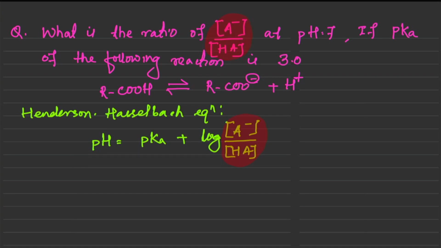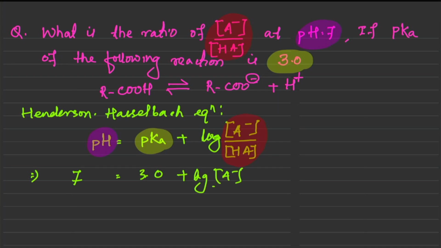Let's solve this problem. We have our pH. What was the pH? pH is 7. And what was the pKa? It is 3.0. So now we just plug in and play. 7 equals 3.0 plus log of A minus by HA. Which means 7 minus 3 equals log of A minus by HA.